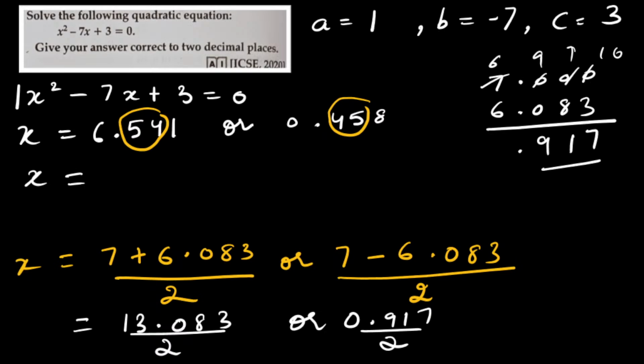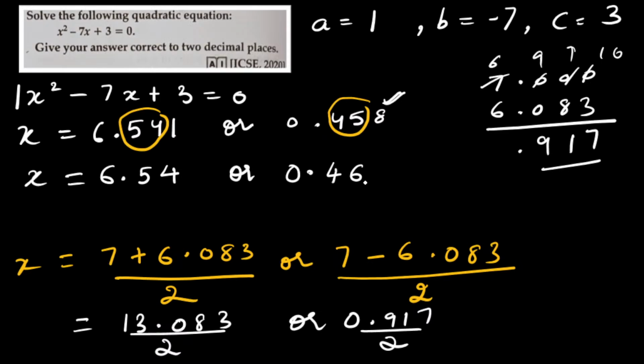But when we are writing up to 2 decimal places, is it minus 4 point? It's not minus because 6 is a smaller number. Both the roots are positive. So up to 2 decimal places, when we look at the third digit, 1 is there which is smaller than 5. So we can just write it as 6.54. Or here, the third digit is greater than 5, so we have to round it off.